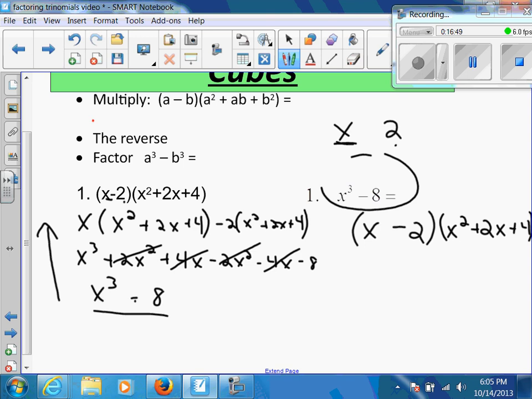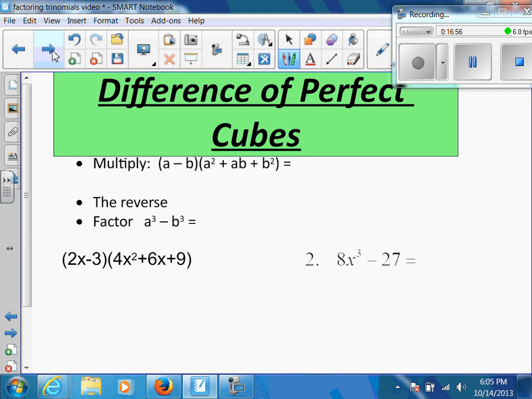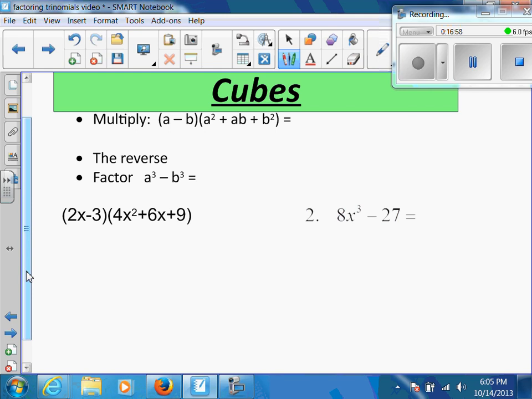Let's look at another one. Let's start by distributing it out. 2x times 4x squared plus 6x plus 9. Subtract 3 times 4x squared plus 6x plus 9.